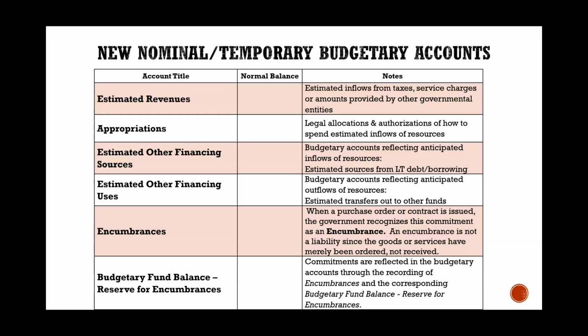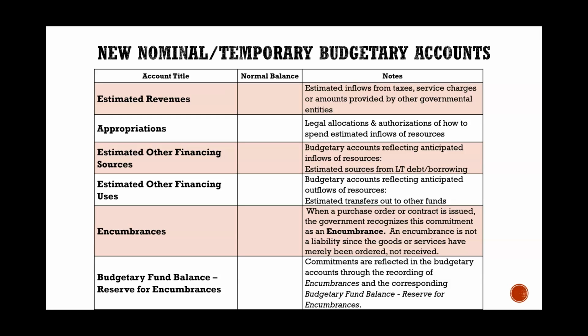If you think back to your for-profit, and probably the last time you really did very many closing entries was 201 or 301, right? But if you think back to those, they are your revenue accounts, your expense accounts, as well as any dividend account. We probably won't have any dividend accounts to deal with here. We're mostly going to be dealing with revenues, expenditures, and then this new type down here called encumbrances.